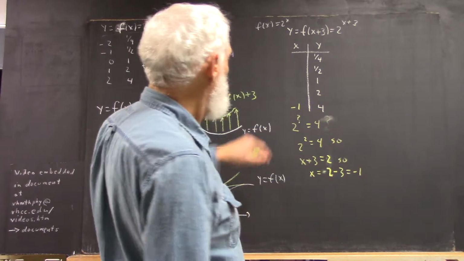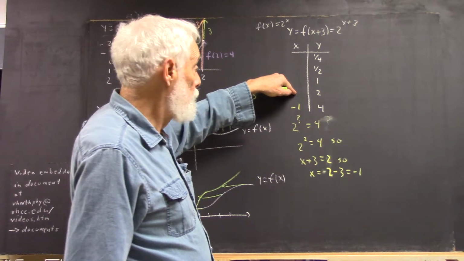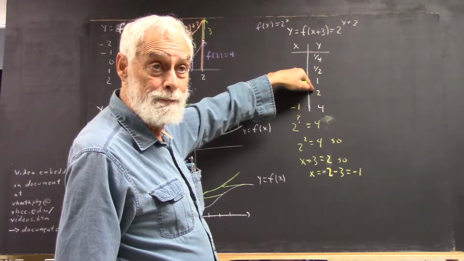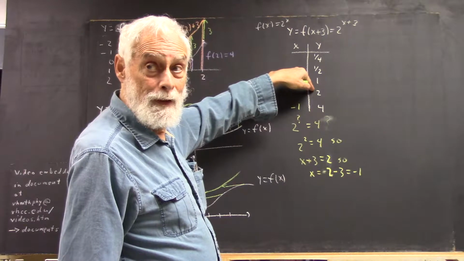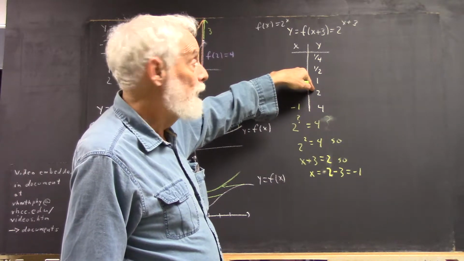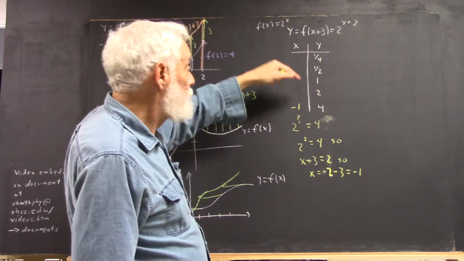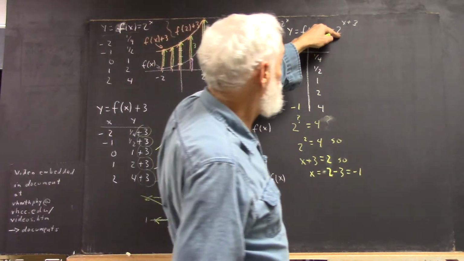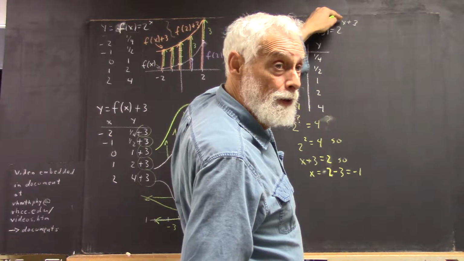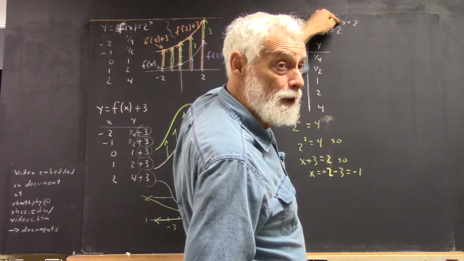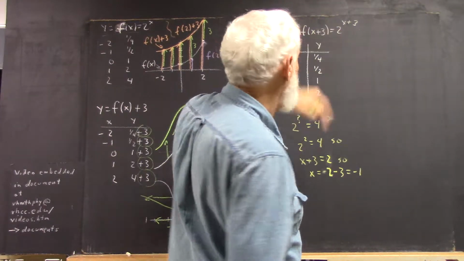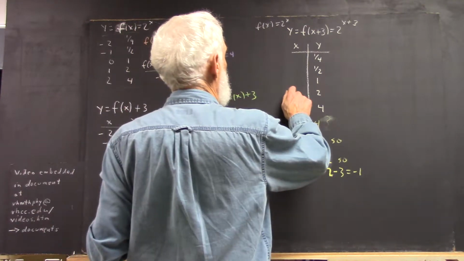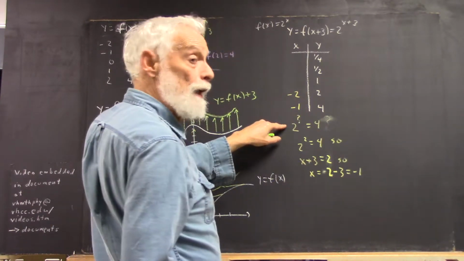Now, what number would we have to put here in order to get 2? Negative 2. Because this is 2 to the first power. You're going to have 2 to the first power here, so x is going to have to be negative 2, right? Okay?